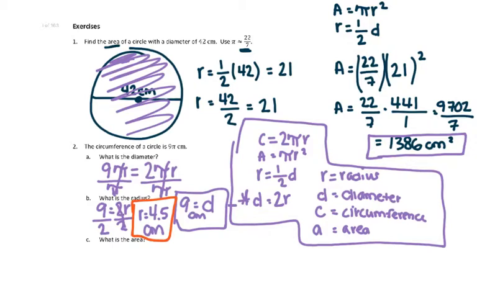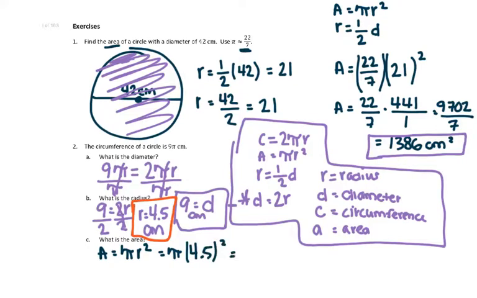Now they ask us, what is the area? Well, now we're really lucky because we actually know the diameter and the radius, and our area asks for us to use the radius. So our area is pi r squared. So I'm going to go ahead and substitute pi multiplied by my radius, which is 4.5 squared.